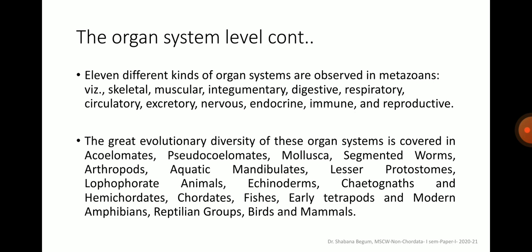The great evolutionary diversity of these organ systems is covered in acoelomates, pseudocoelomates, mollusks, segmented worms, arthropods, aquatic mandibulates, protostomes, lophophorates, and then echinoderms, chaetognaths, hemichordates, chordates, fishes, tetrapods, and modern amphibians, reptilian groups, birds, and mammals.